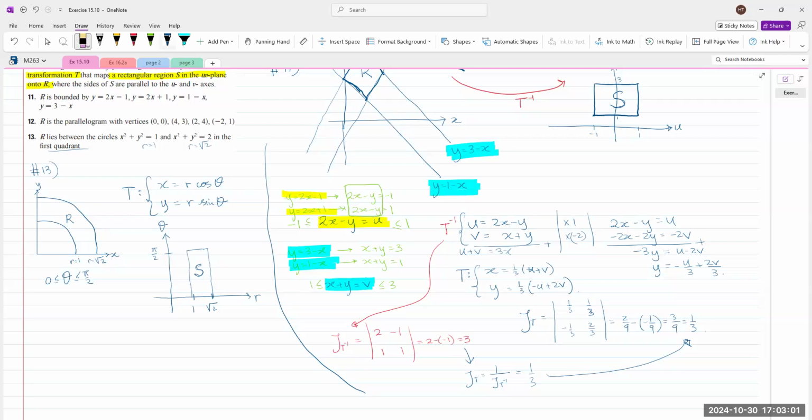Can you guess what is the Jacobian for this T? The Jacobian for this T is dou x dou r, that's cosine theta, dou x dou theta, that's negative r sine theta, dou y dou r, that's sine theta, dou y dou theta, that's r cosine theta.